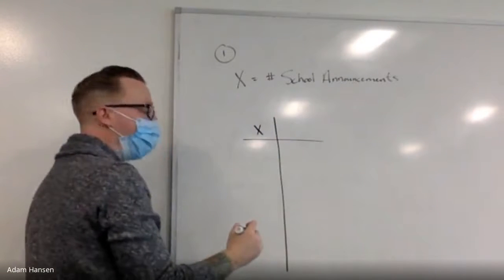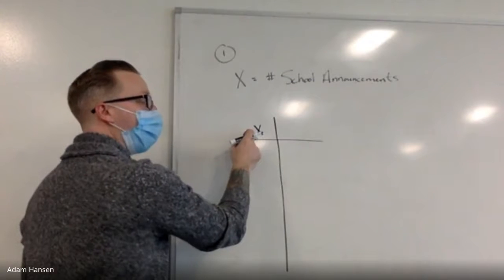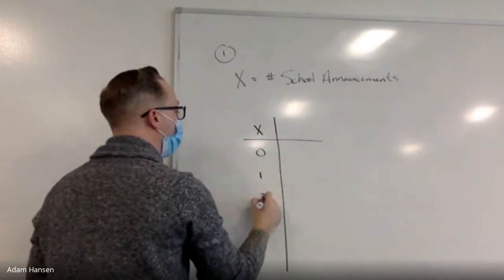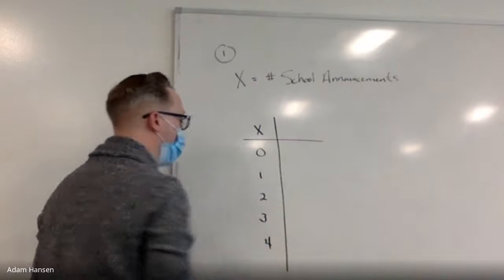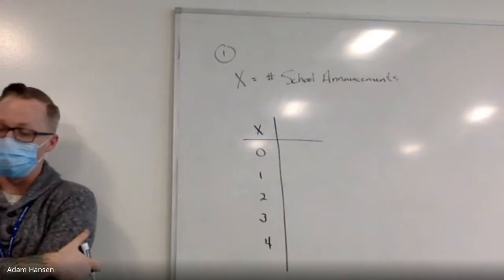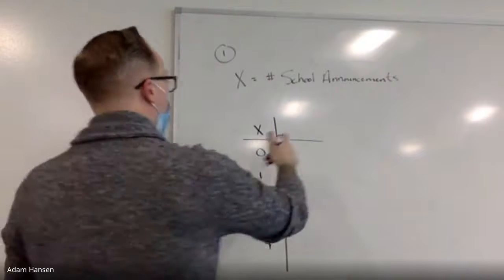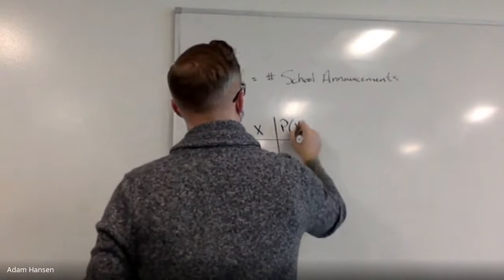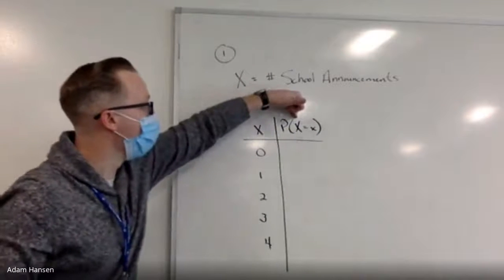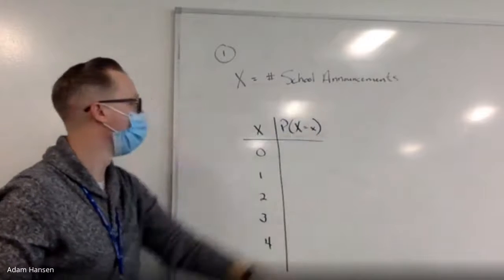I make my distribution table, lowercase x, the specific outcomes of this random experiment that were given to us are 0, 1, 2, 3, and 4. As a result of this experiment, they had anywhere between 0 and 4 announcements at school. The next column in this table is the probability of our random variable being equal to these outcomes. The probability of the number of announcements being equal to either 0, 1, 2, 3, or 4.